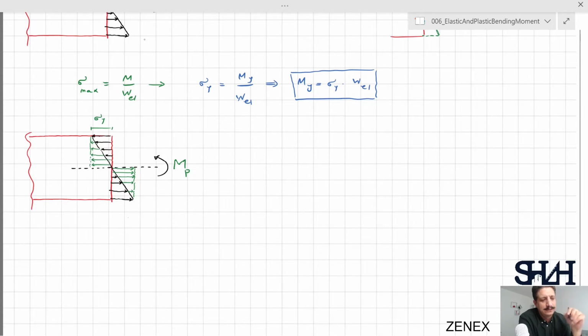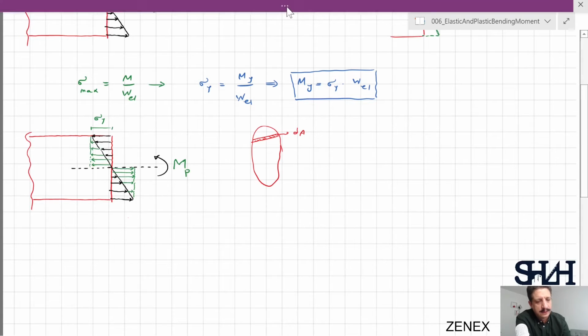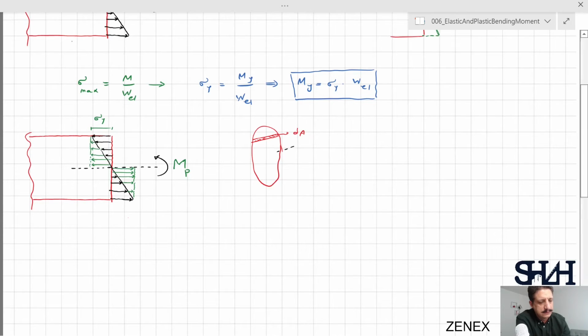What is the difference between this and elastic is that now the stress in the entire cross section is sigma y. So for the calculation of M plastic, suppose we have this cross section and we are looking at one tiny element, which is dA, and here this is the neutral axis, with a distance of y. Now we expect that the stress at this level is sigma y.